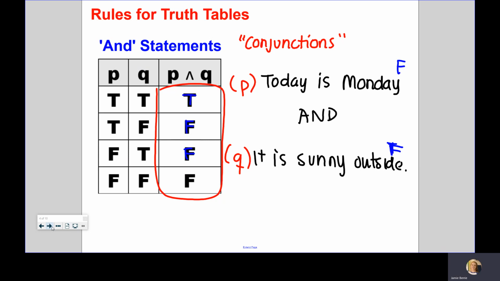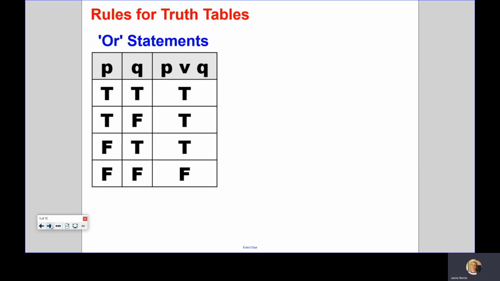Okay, let's look at the rule for or. The rule for or is almost kind of the opposite. It's almost always true. Remember or, when we talked about sets, P or Q can be P or Q or both. So if we did the statement, today is Monday or it is sunny.